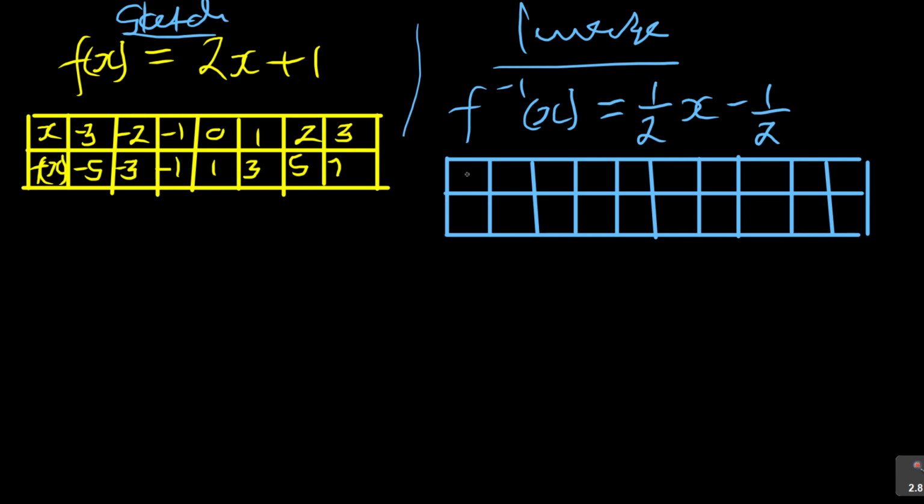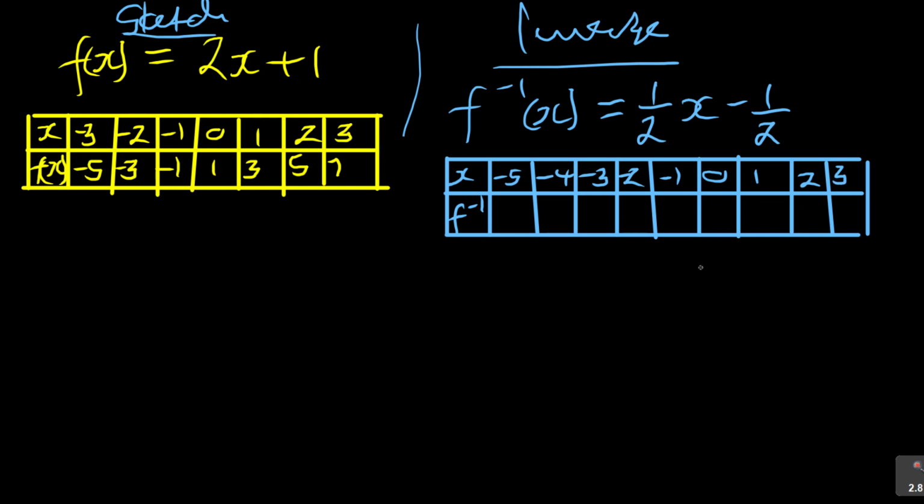What about the same way if we now plot the graph of x and the inverse? We're starting from minus 5, minus 4, minus 3, minus 2, minus 1, 0, 1, 2, 3.